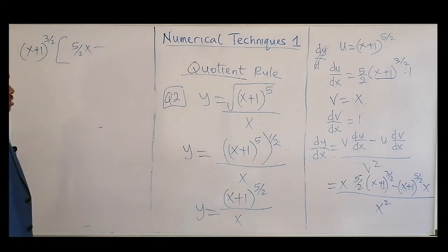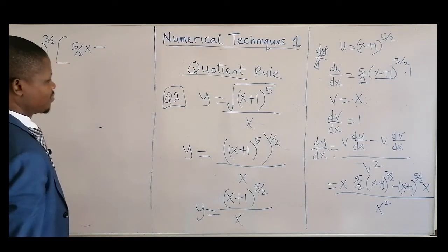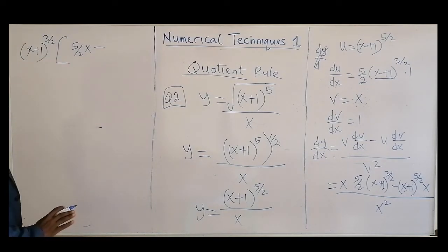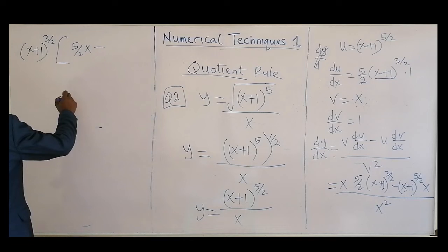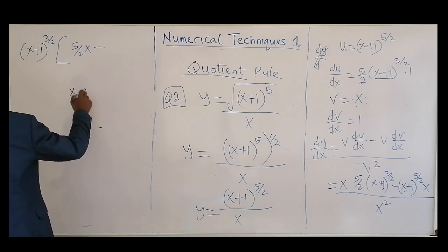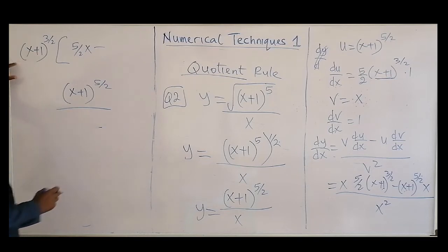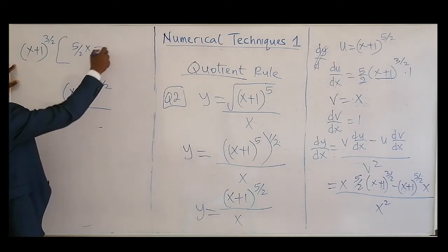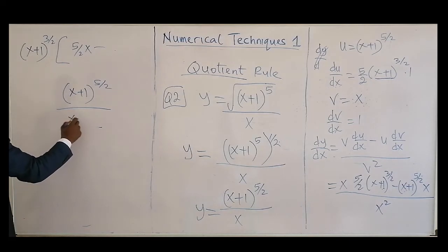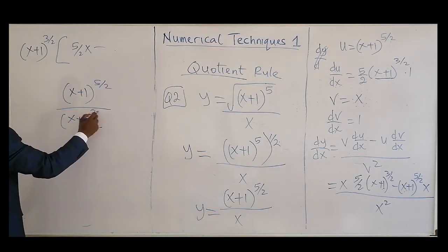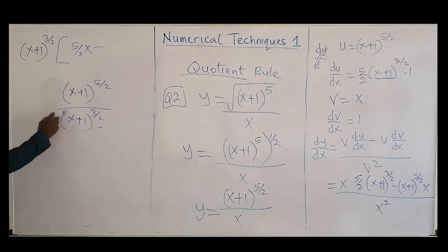How do you get the remaining part? It's very simple: what you have inside, x plus 1 to the power 5 over 2, over what you have outside, x plus 1 to the power 3 over 2.